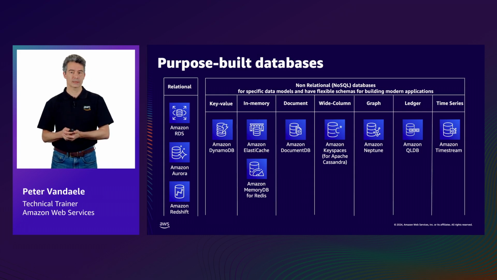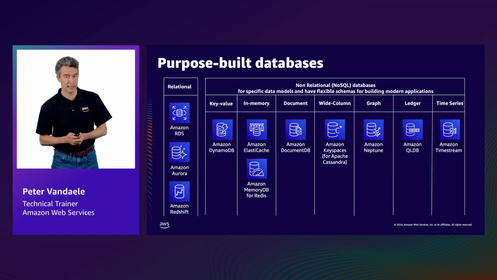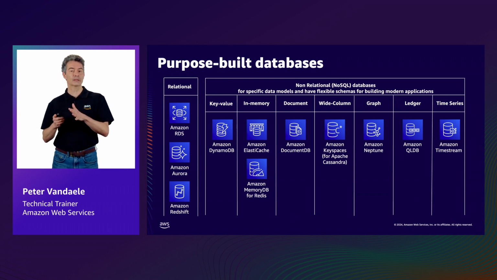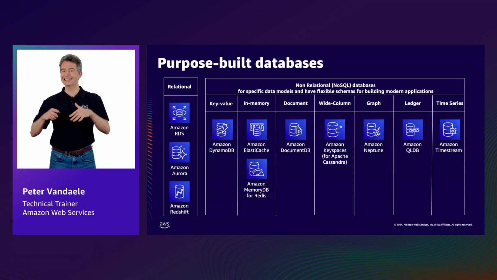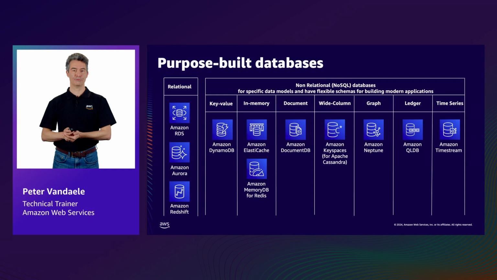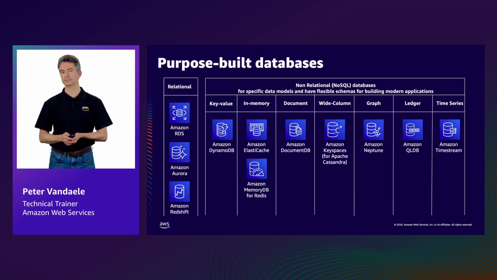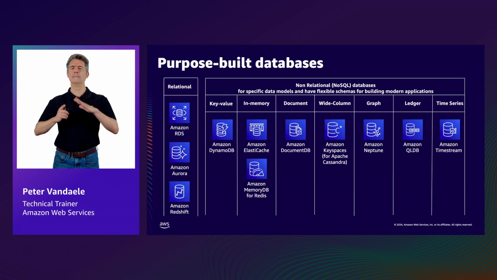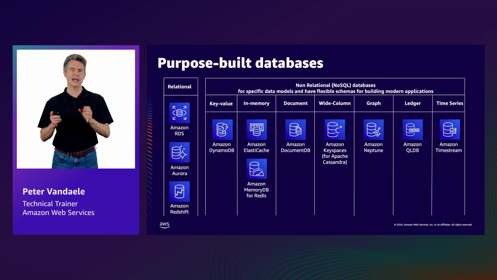Wide column databases use tables, rows, and columns, but unlike a relational database, the names and format of the columns can vary from row to row in the same table. Our service is called Keyspaces for Apache Cassandra. Graph databases are used for querying millions of relationships between highly connected graph datasets. And they can be supported using Amazon Neptune.